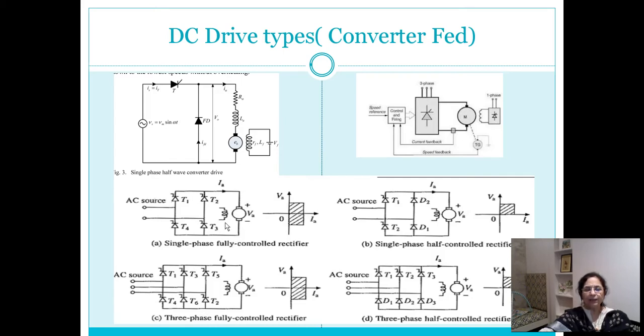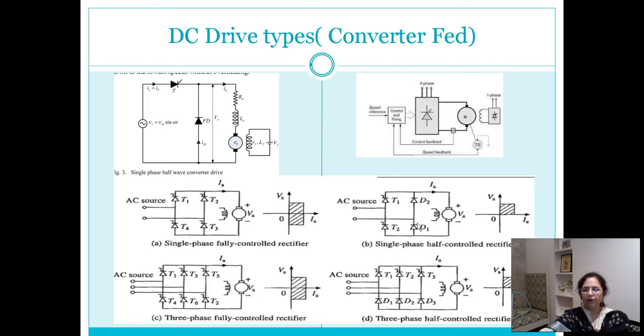And so ultimately such motors can be operated only in one quadrant when they are fed from a fully controlled configuration like this. This is the limitation, and so the characteristic of the converter and the operation of the motor must be matched. Same is true for half controlled rectifier.